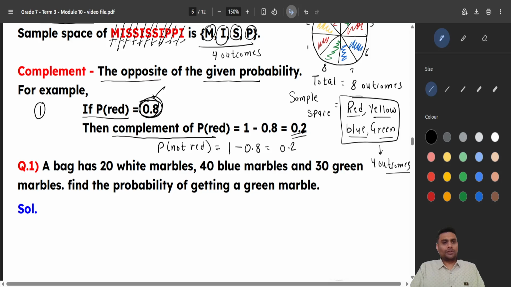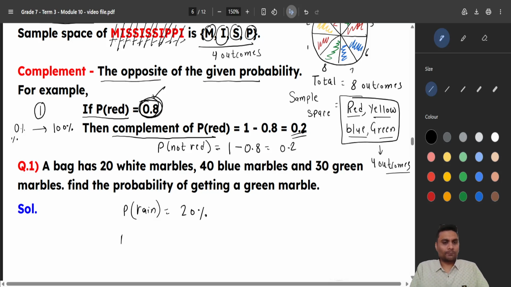Take one more example. In percentage, we know impossible means 0%, right? And if something is sure, then we call it certain, that is 100%, right? If I say the probability of rain is, let's say, 20% today, what is the complement of rain?